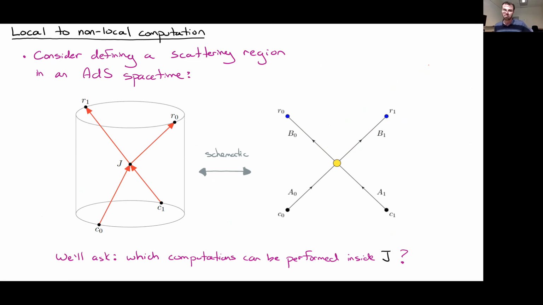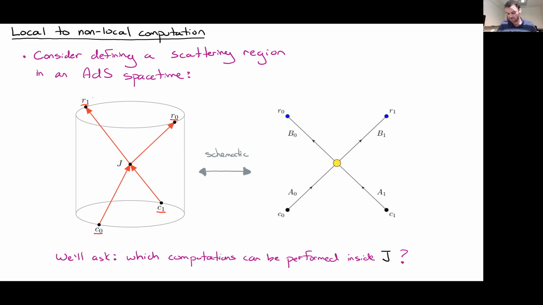The next thing I'm going to do to address this question is narrow the scope again and specifically think about scattering regions that are constructed inside of a holographic spacetime. So I've done that here. To construct the region, I pick my four points, making sure to pick them off at spatial infinity in AdS. This is an important detail.